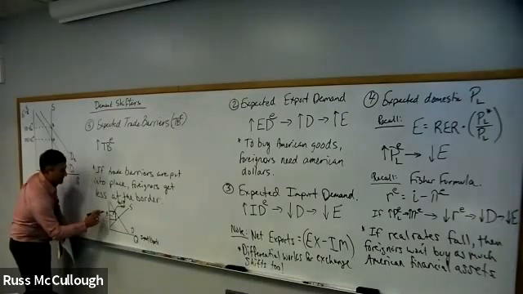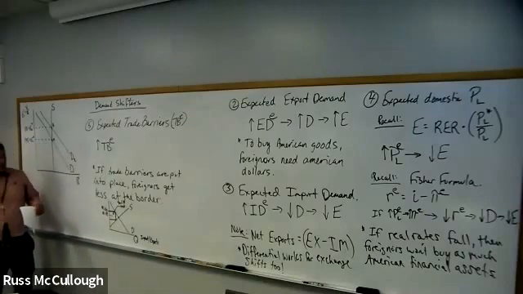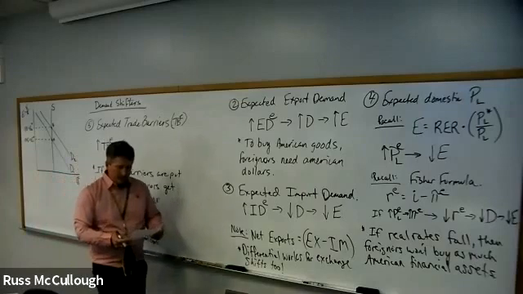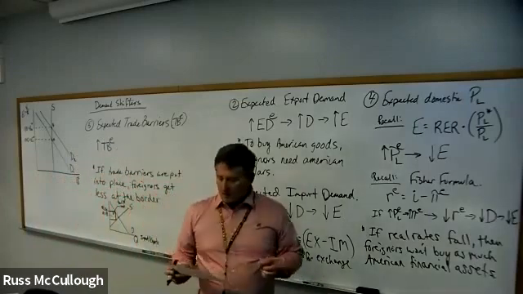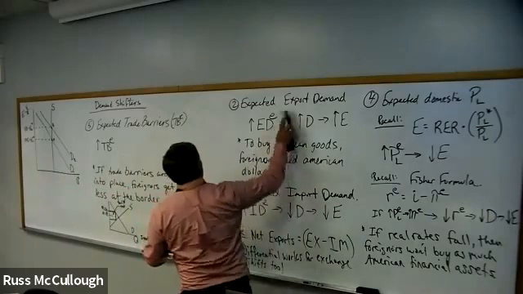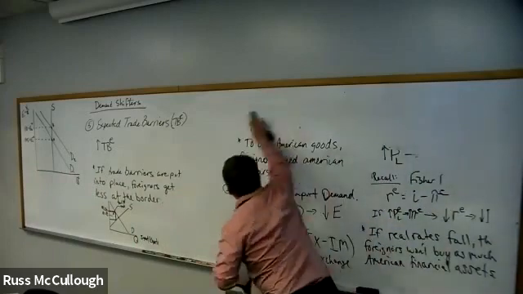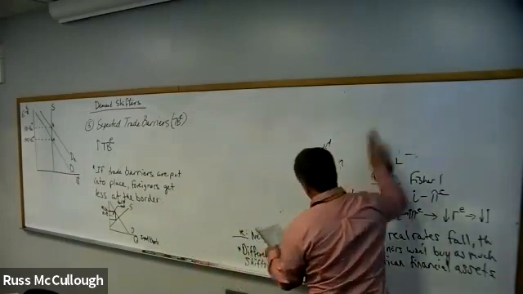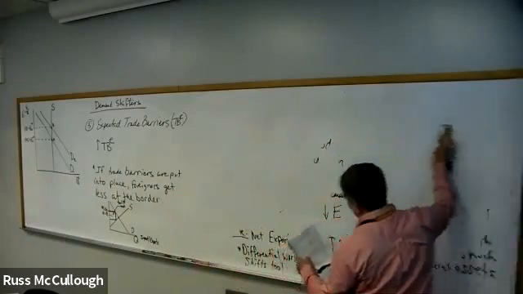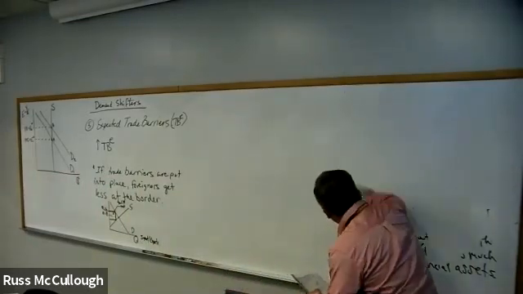So we started here, and now the price with the tariff, let's just say it was $1, and now the price with the tariff is $1.50. So prices are more expensive, and so we have higher priced goods for one and not the other.